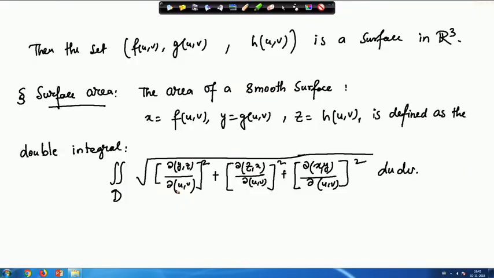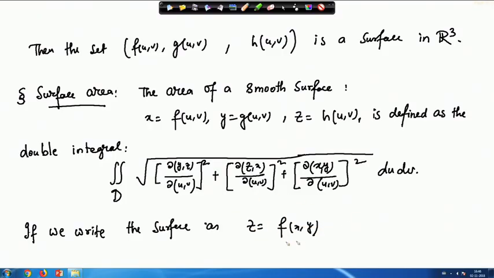If we simplify these formulas, these are basically the Jacobians, but we have to simplify this formula. Now if we write the surface as z equals f(x,y), so if this is the given surface, or we can write x equals u, y equals v, and then z is our f(u,v).